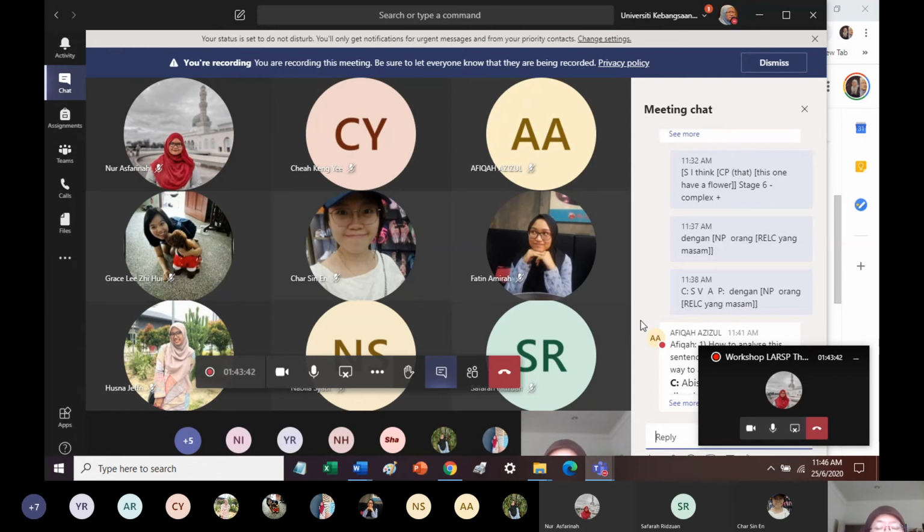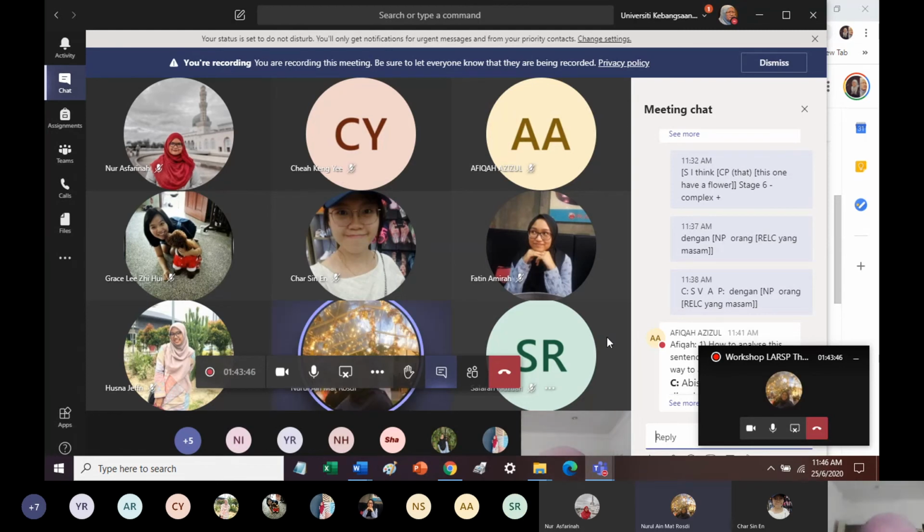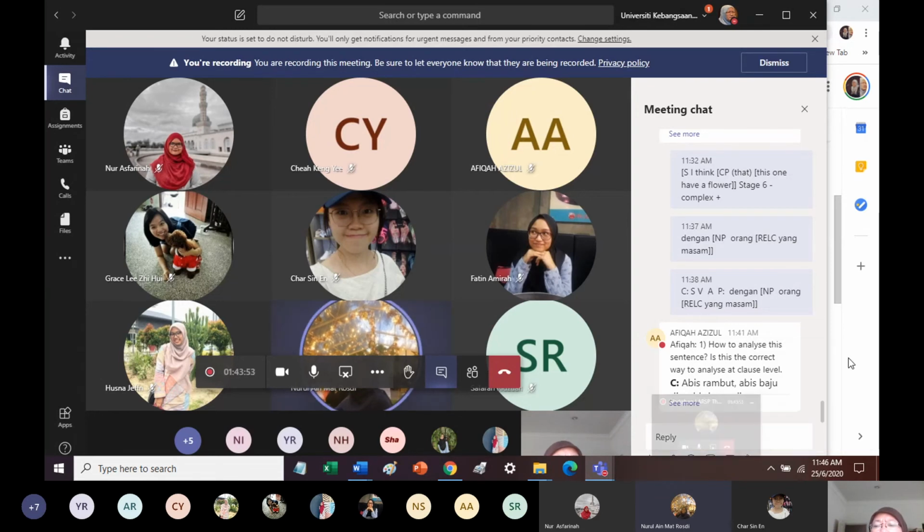Doktor, last soalan. Kalau sentence tu ada co-ord atau subord, yang embedded sentence yang lain tu kita kena analyse kan? Yes. Kita bagi dia credit for the stage 5, subordinate ke coordinate ke kan.